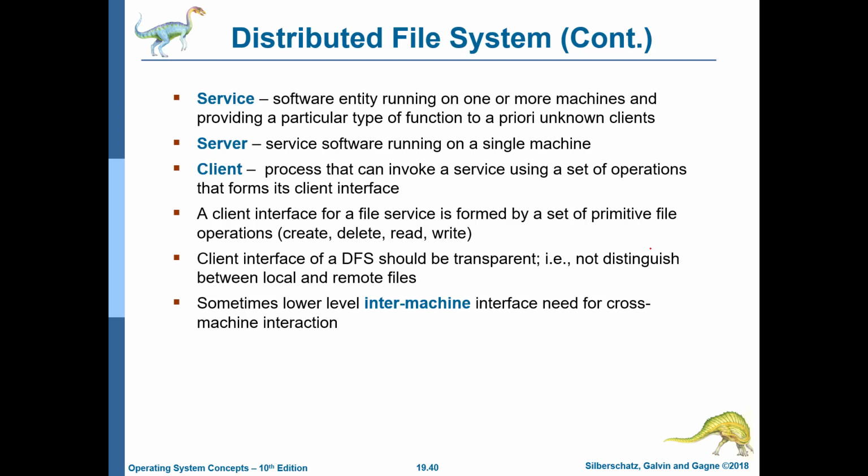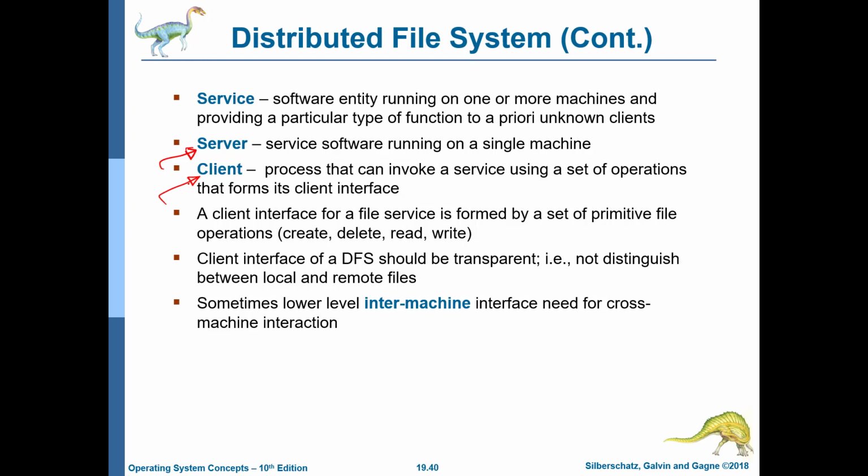A service is basically a software entity that runs on one or more machines and provides a service for processes on that machine. We can have a server, which is the original host of the file system, in the sense that the server is the default home of all the files. And then we'll have a large number of clients that connect to the server and basically use the file system.